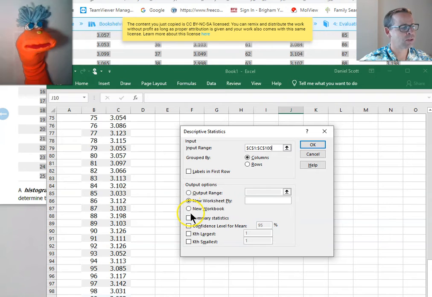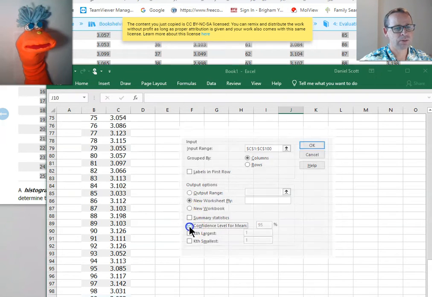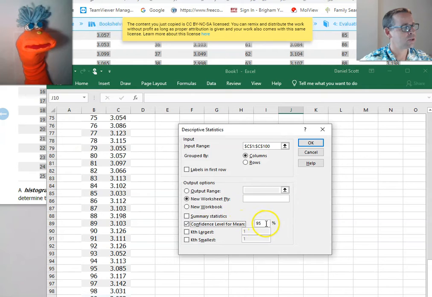We would want to make sure that we have the confidence level indicated here. Here's where you would say what confidence level you want to use, and we are going to be using 95%. For most scenarios in your existence, you'll be using 95%. Okay, and that should be it.